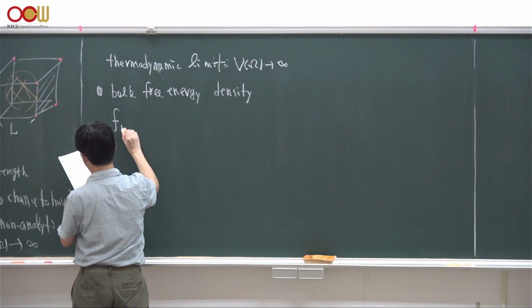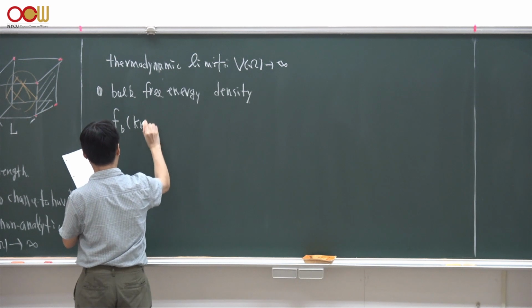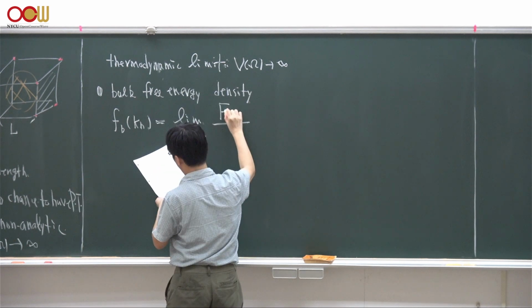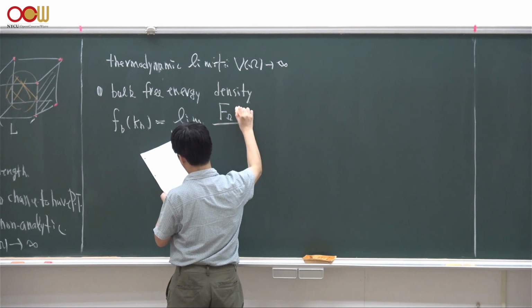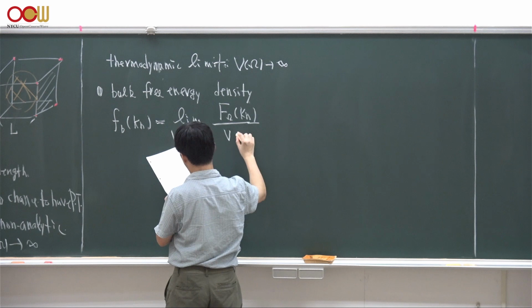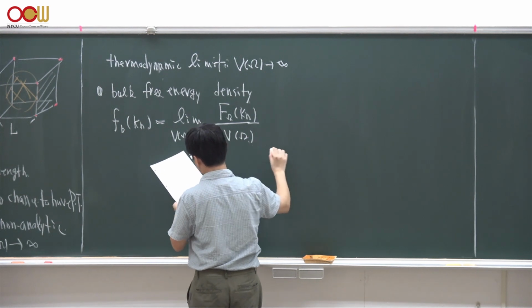The little fb, a function of a coupling constant Kn in this limit, is defined as the capital F omega, which is the total free energy of the system, divided by your system volume.